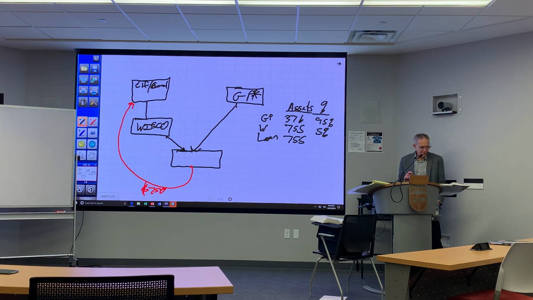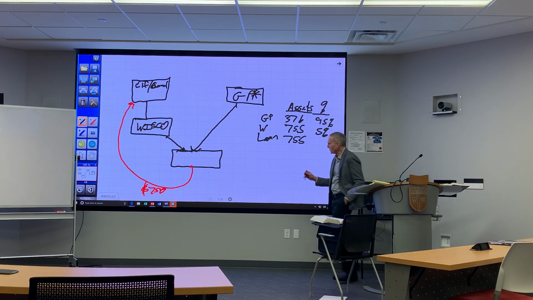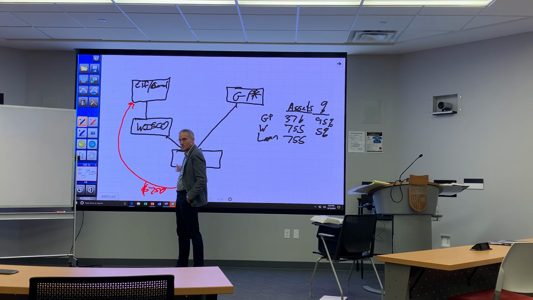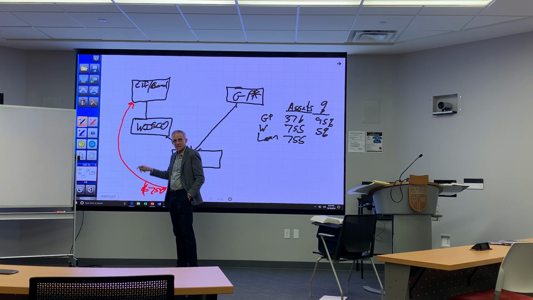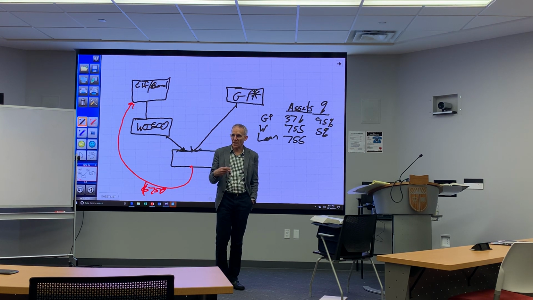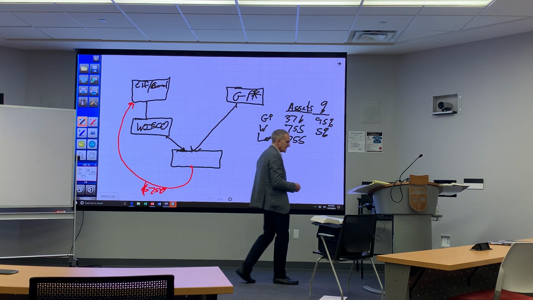Because the IRS comes back and says this was really a sale by Canal of its Wisco assets to GP. Because what they were trying to do was to treat this as a tax-free distribution. Once this money was borrowed at the partnership level, and given the outside basis here, they try to treat the distribution as a tax-free return of basis. And the IRS said, no, this is a disguised sale.